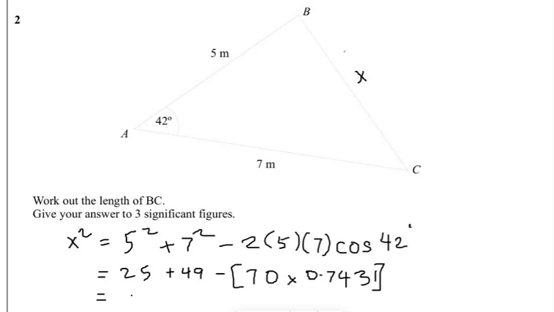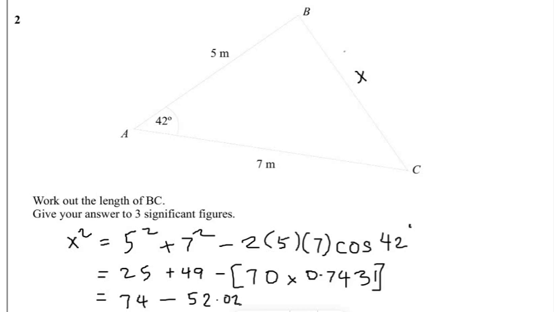And so 25 plus 49 is 74. And then 70 times 0.7431 is 52.02.